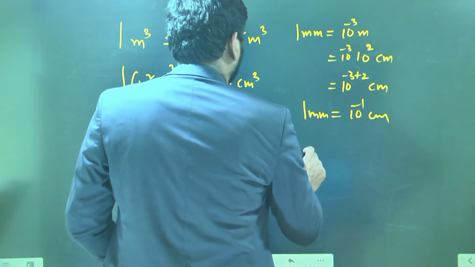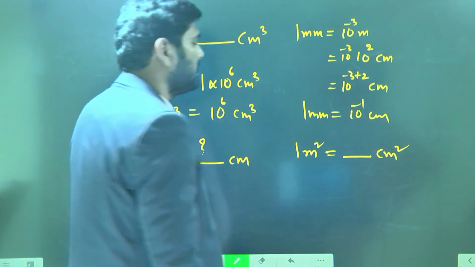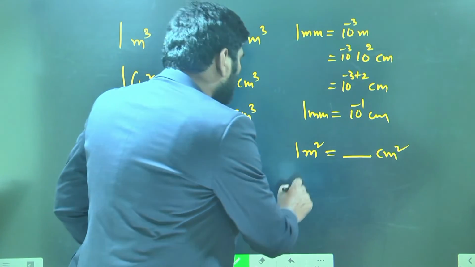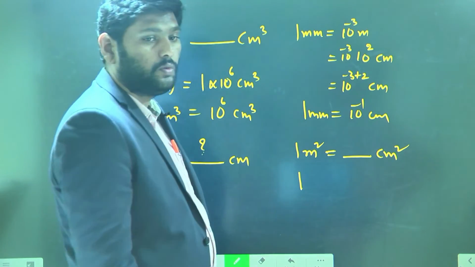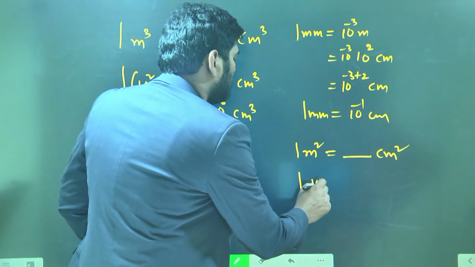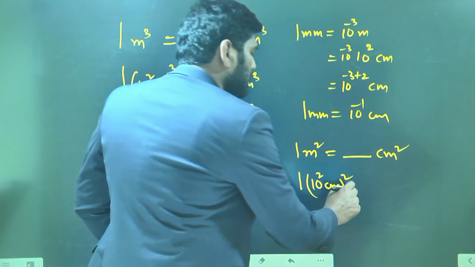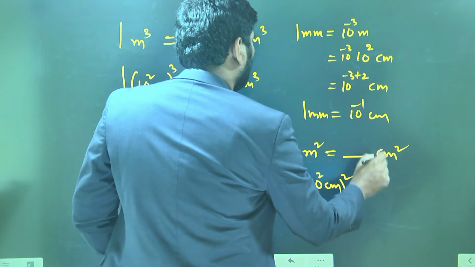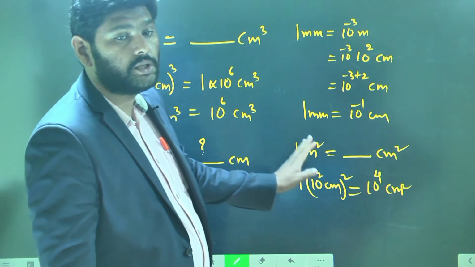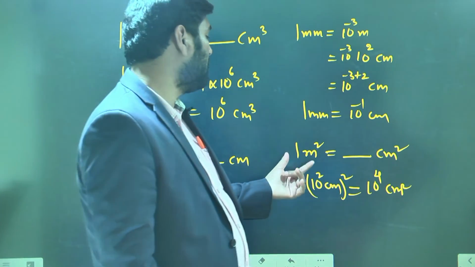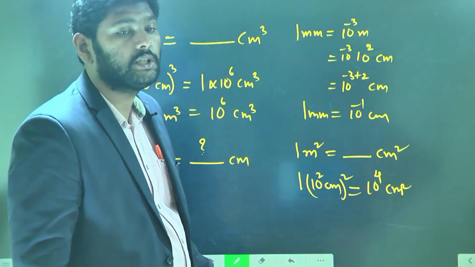Just now we have gone through 1 meter is equal to 10 power 2 centimeter, and whole square, which is equal to 10 power 4 centimeter square. So this is the way we can convert one system of units to another by using submultiples.